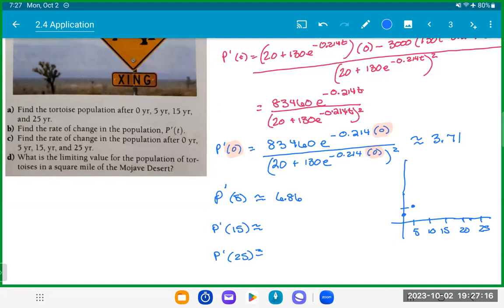At 5, I'm coming up here. At 15 years, I'm at 5.83. So I'm actually coming back down a little bit, right? So you would see something like this. So we get up there, we hit this peak, and now we're coming back down. So that tells me that we have this limiting factor, right?